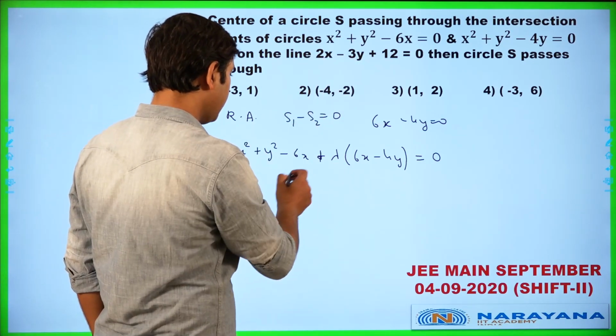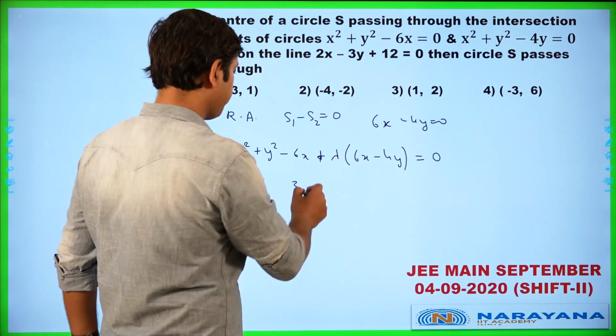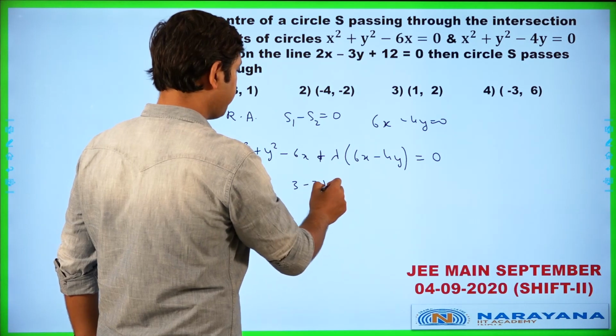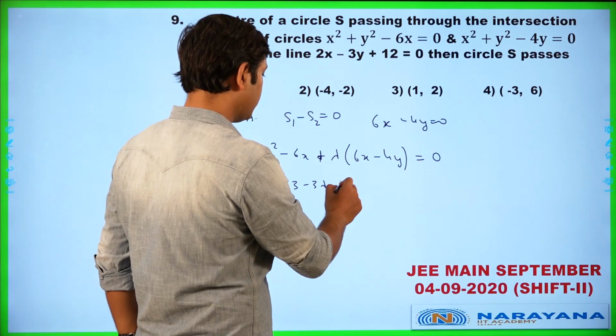Center of this circle will be 3 minus 3 lambda, 2 lambda.